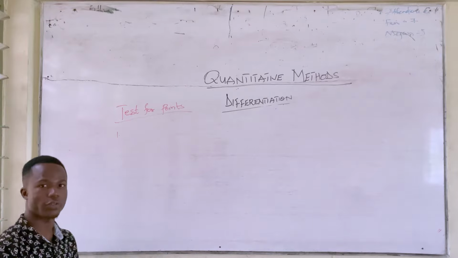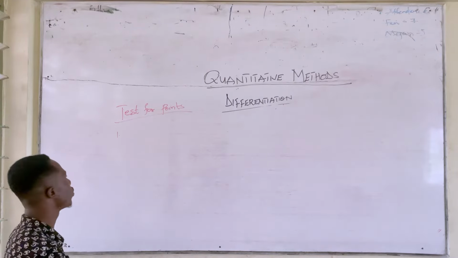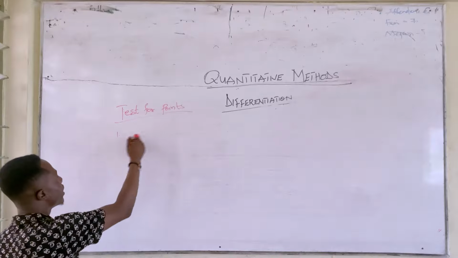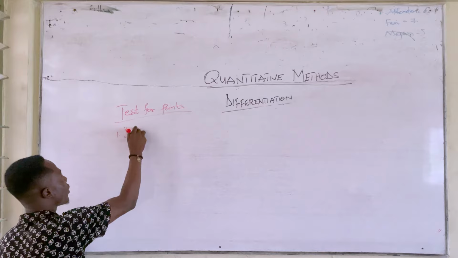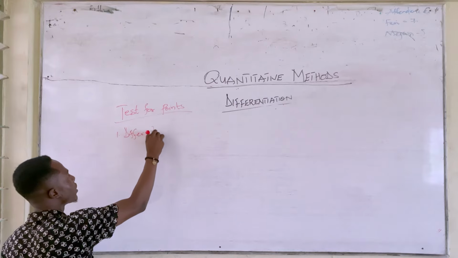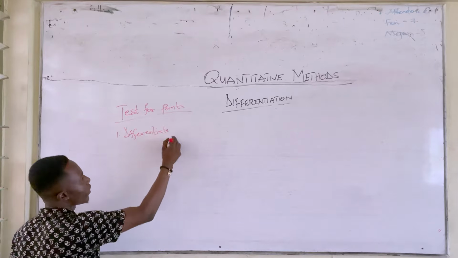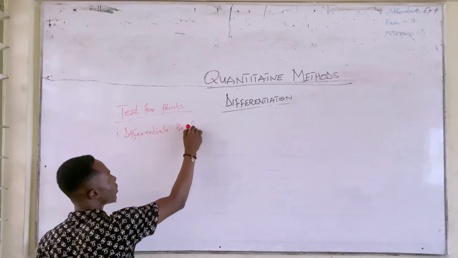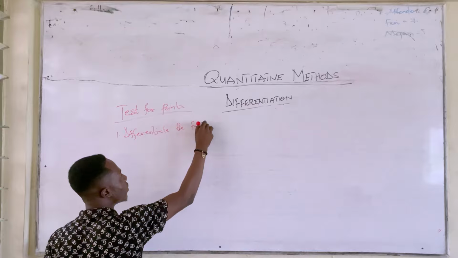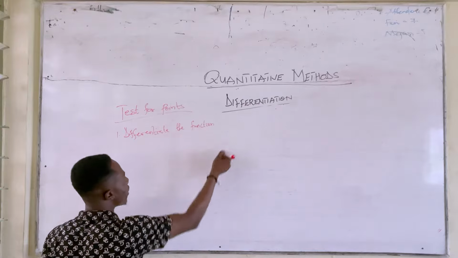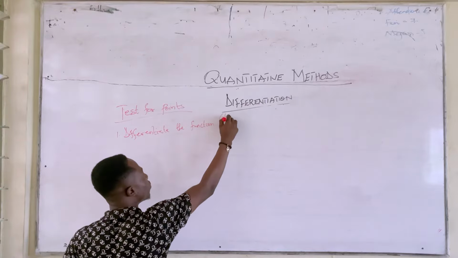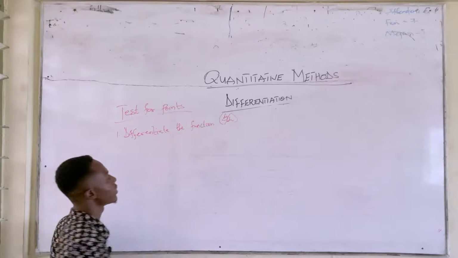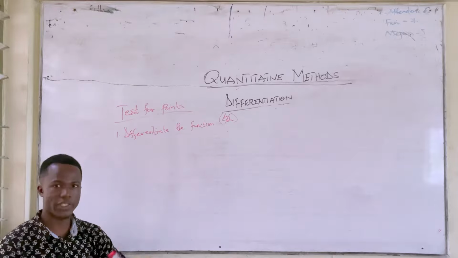You have to first find your first differential. So you differentiate the function. That is normally what we call dy dx. Do you get it? Yeah. And so that is the first step.